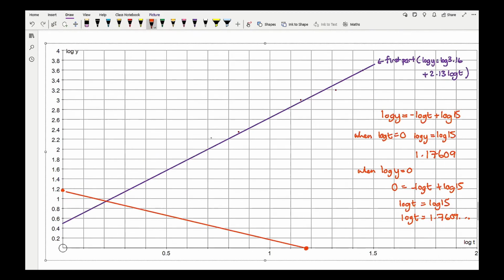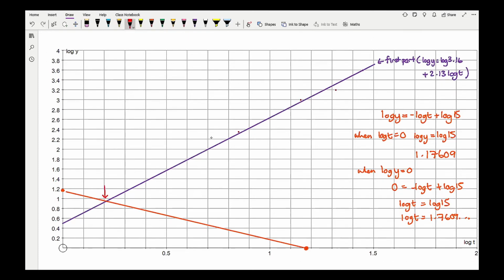This is the point where they had the same number of subscribers. Based on my graph, which is not that accurate, I'm going to assume it's about 0.22.